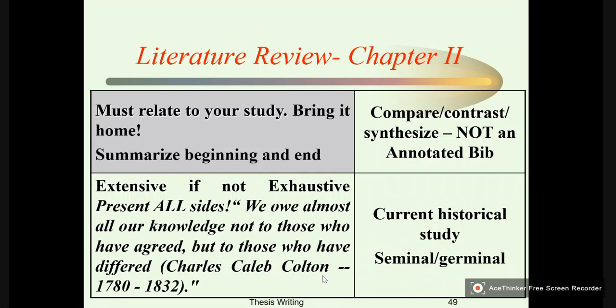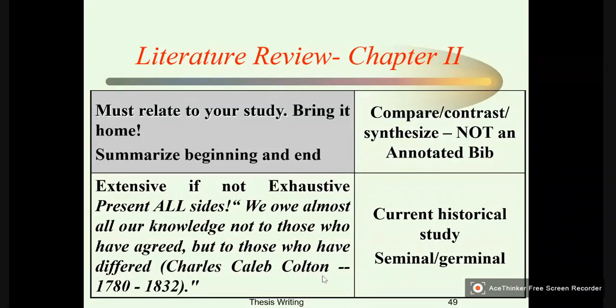Summarize the beginning and the end. That means compare, contrast, and synthesize. It is not an annotated bibliography, which means you don't just write a list of papers. You have to compare, contrast, and synthesize. It should be extensive, if not exhaustive.